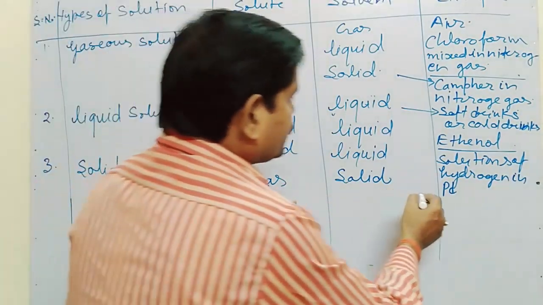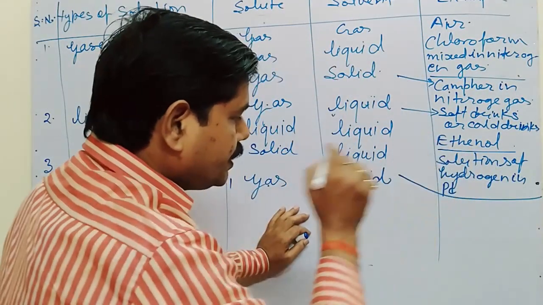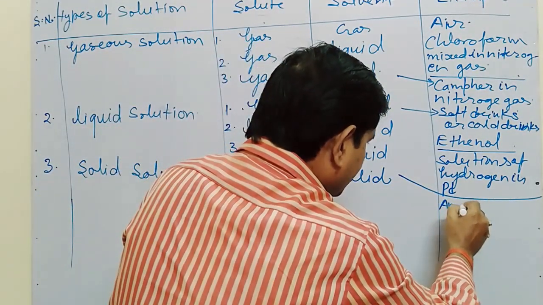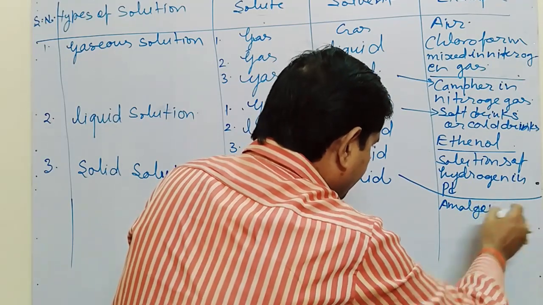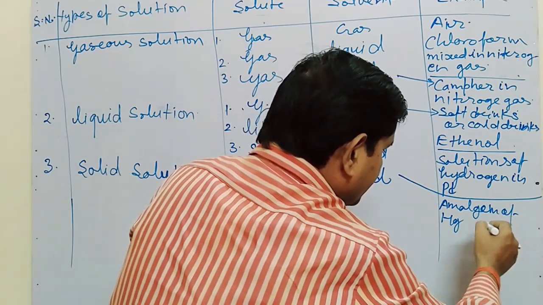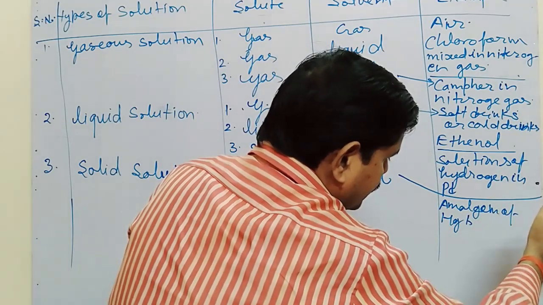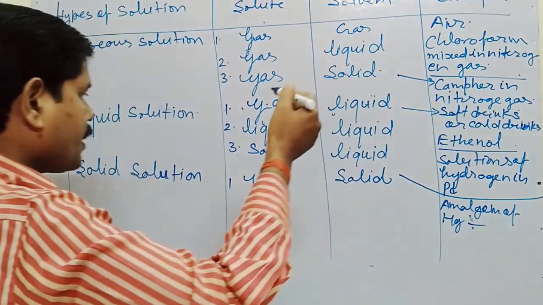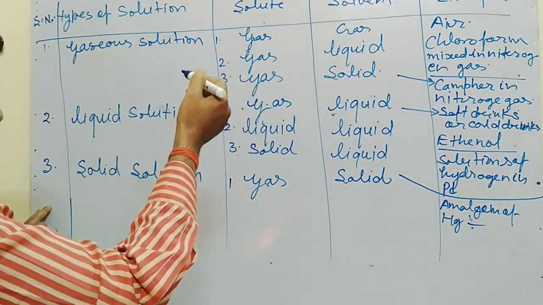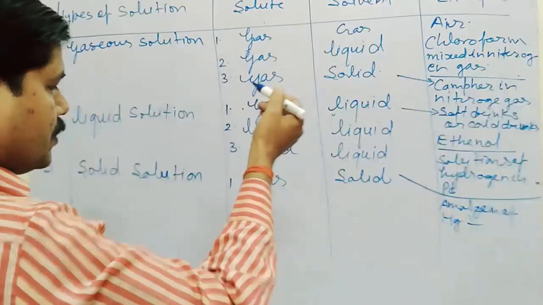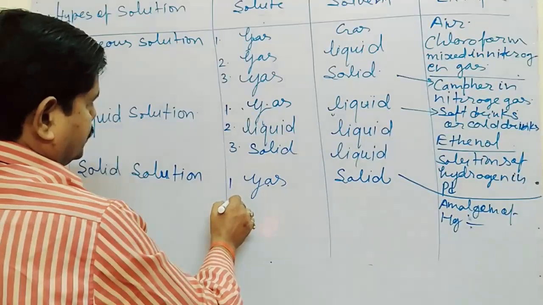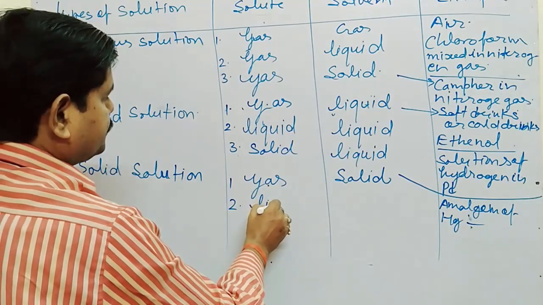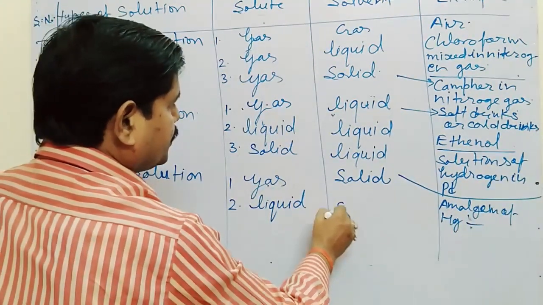The example is amalgam of mercury. The next type is liquid in solid.